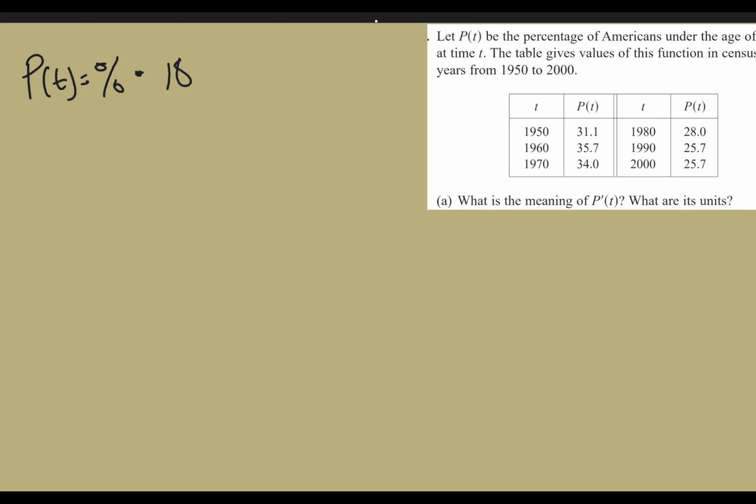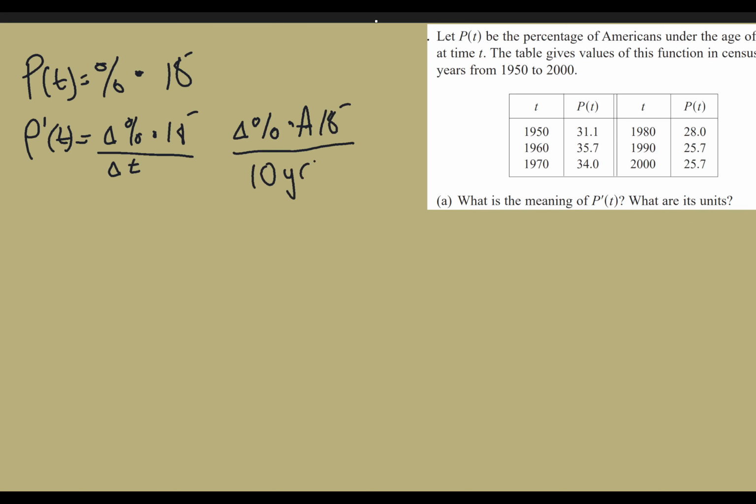So we'll just call it 18 minus or something up here. So what do you think P prime of t would be? That would be the change in percentages of Americans under 18 over the change in time, right?